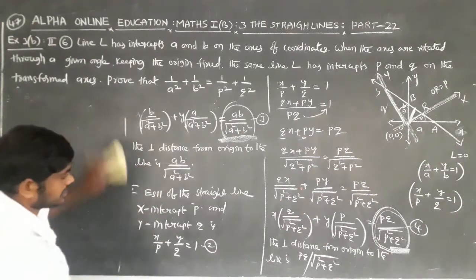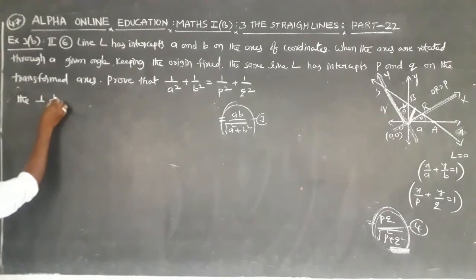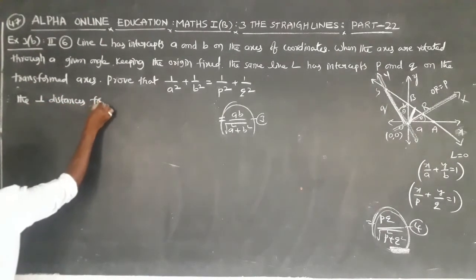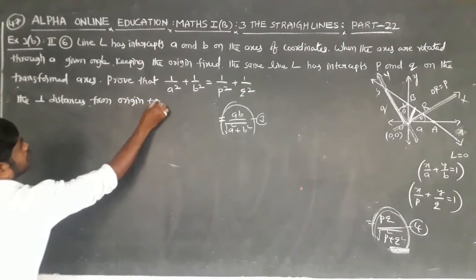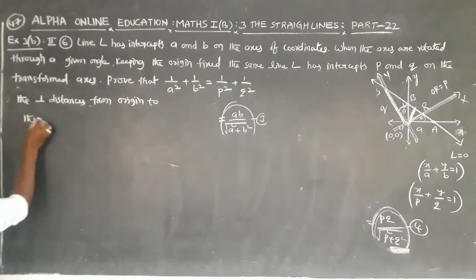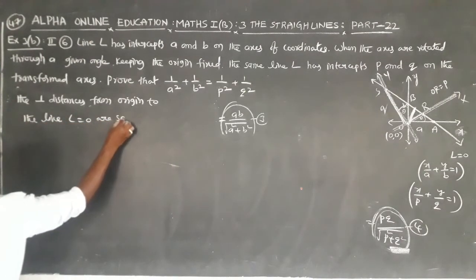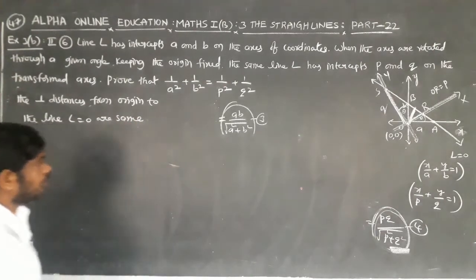From equations 3 and 4, the perpendicular distances from the origin to the line L equal to 0 are the same.